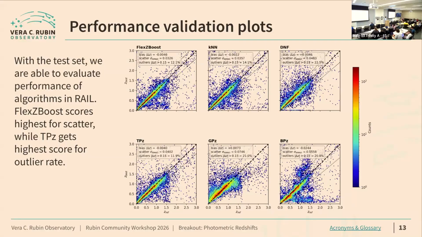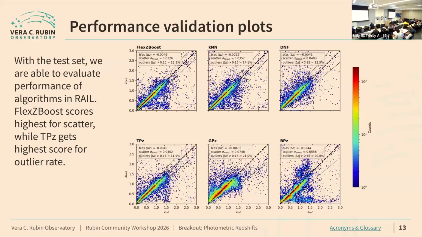So it's really a mix of the long-standing Rubin community and contribution from stage 3 surveys. I think BPZ is also heavily used in DES. So a lot of these have roots from previous surveys.